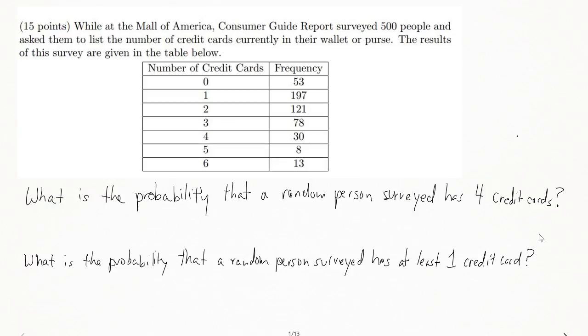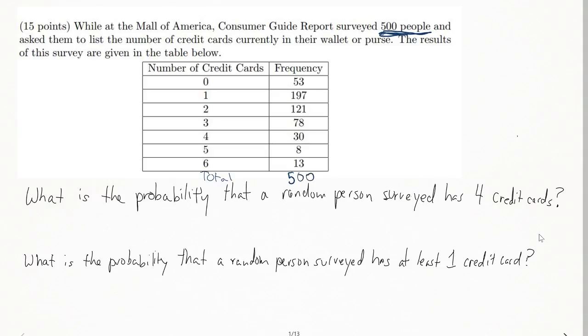Okay. So the first question that we're looking at is, what is the probability that a random person surveyed has 4 credit cards? Now, just a little mention as to what's going on here. We surveyed 500 people, right? So if I add up everything in that frequency column, 53 plus 197 plus 121 plus 78 plus 30 plus 8 plus 13, if we did that correctly, this should add up to 500.